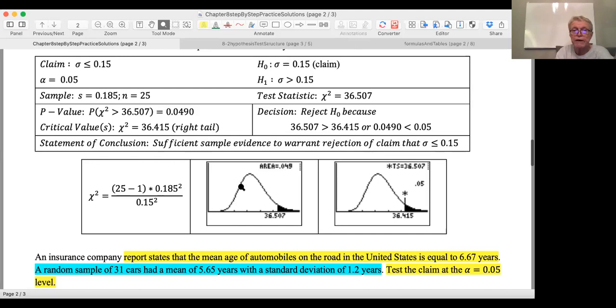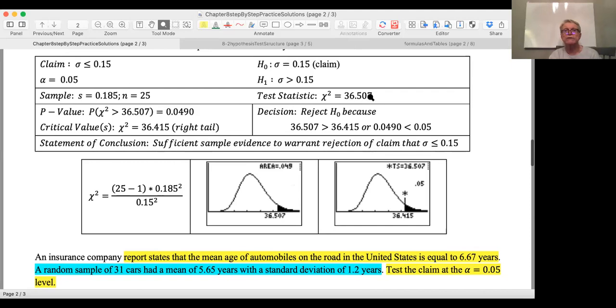We draw a curve up. When drawing a curve for chi-squared, it starts slow, comes up to a peak, and then goes down slower. In other words, it is stretched out on the right, which implies that it is skewed to the right. All right, so we plot our test statistic.